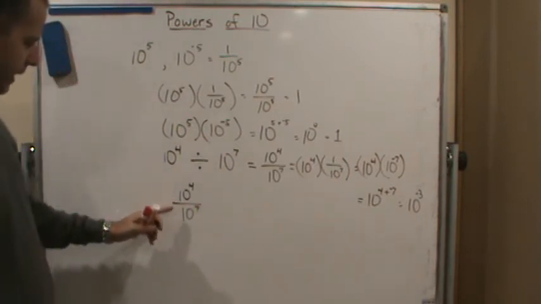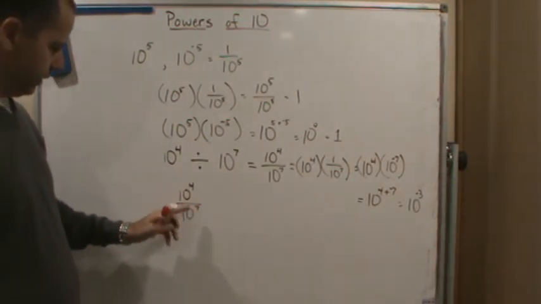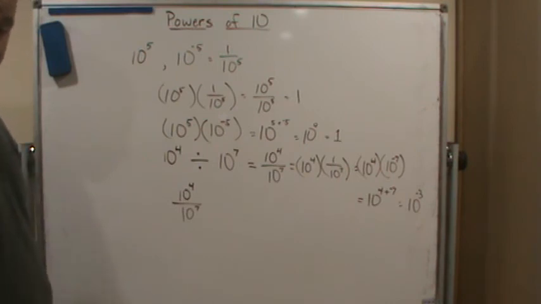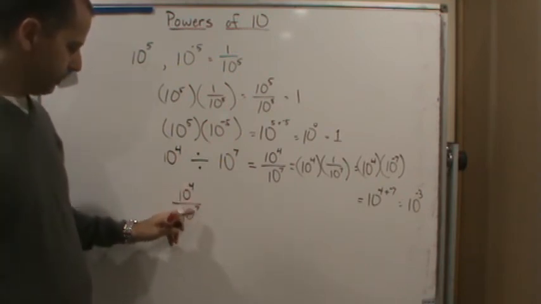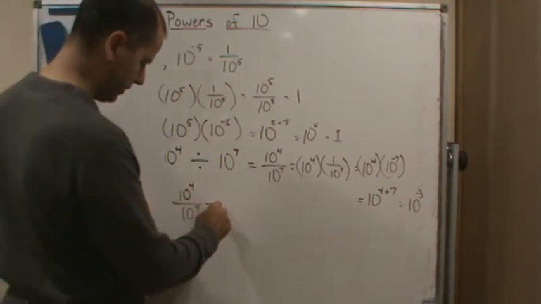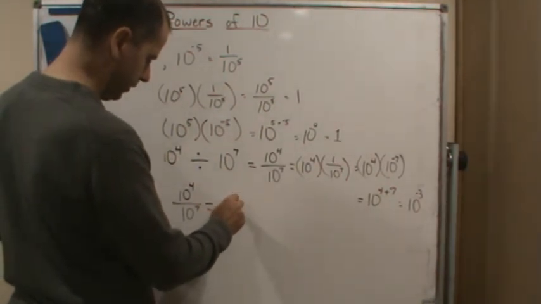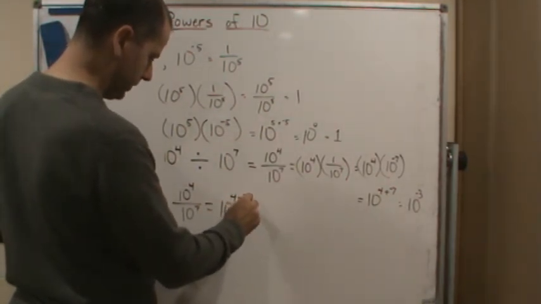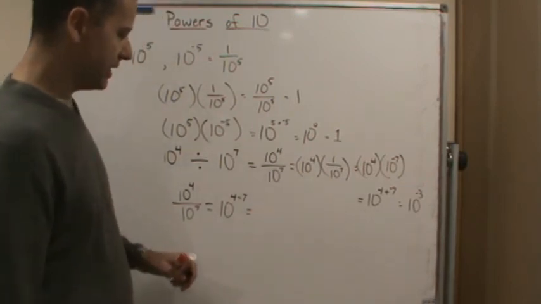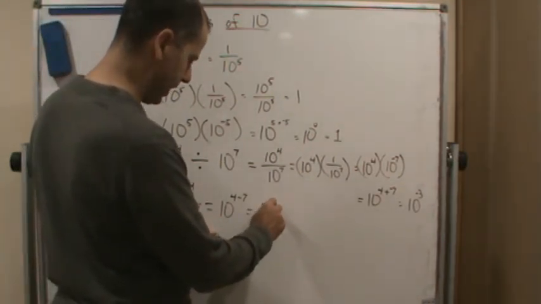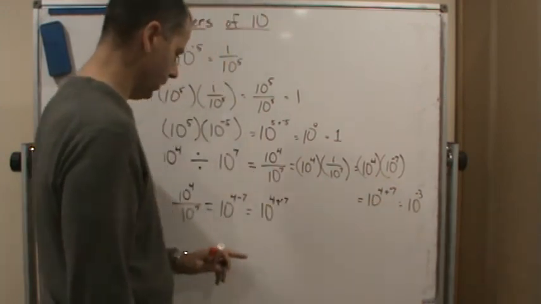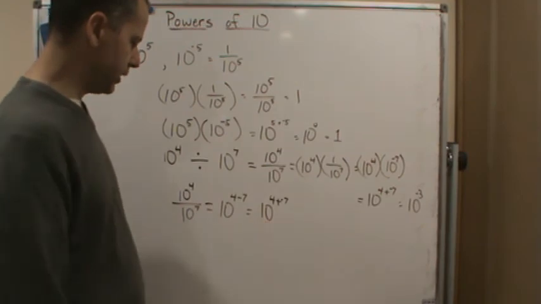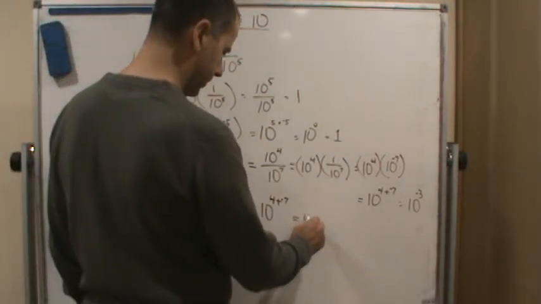If we have the same base and we are dividing the exponentials, then we subtract the exponents. We take the top minus the bottom. So this gives us 10 to the 4 minus 7, which is the same as 10 to the 4 plus negative 7, which is what we got over here. So we just subtract the exponents and it gives us the same answer, 10 to the negative third.